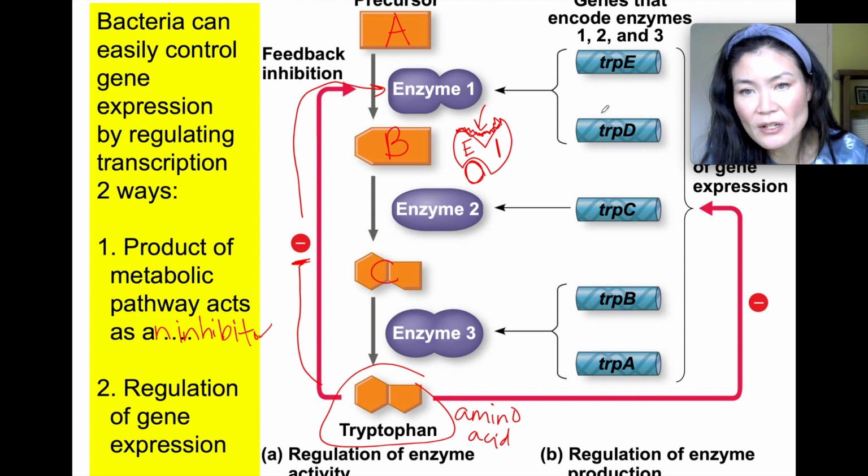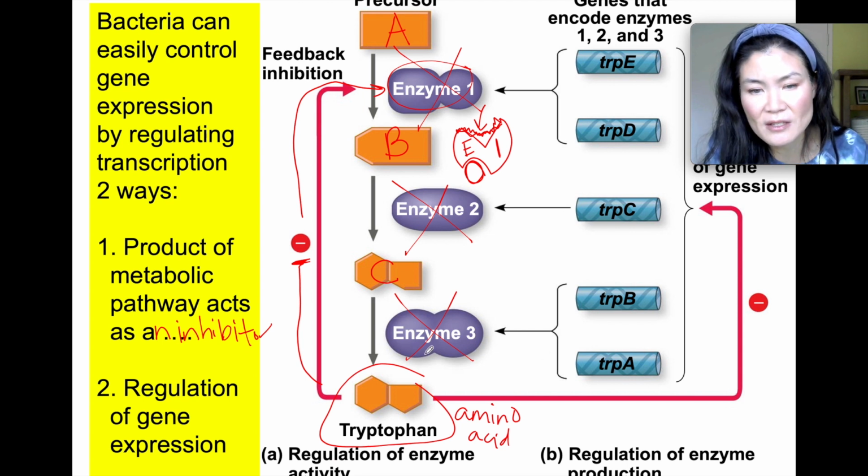So these genes are not going to go through transcription. They will not go through translation, and you're not going to end up with an enzyme at all. Okay? So this pathway is where tryptophan itself is going to go to the DNA where those genes are found, and it's going to shut down those genes, switch off those genes so that you do not get enzyme 1, enzyme 2, or enzyme 3.